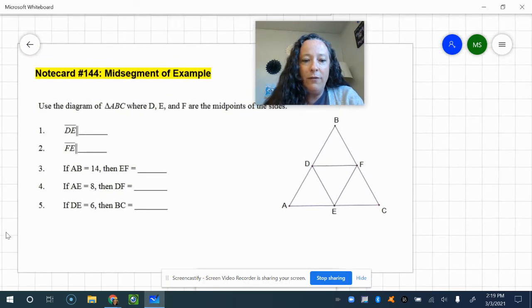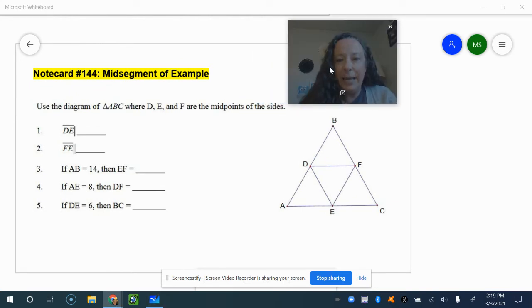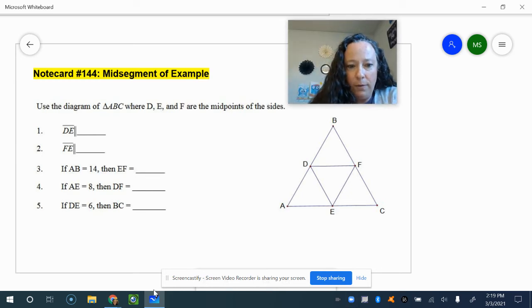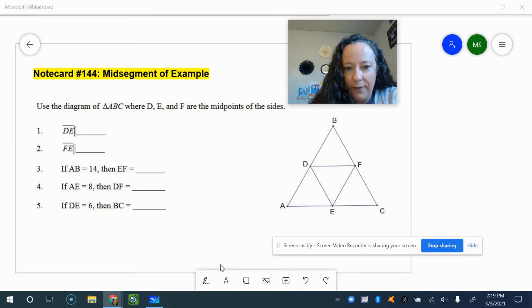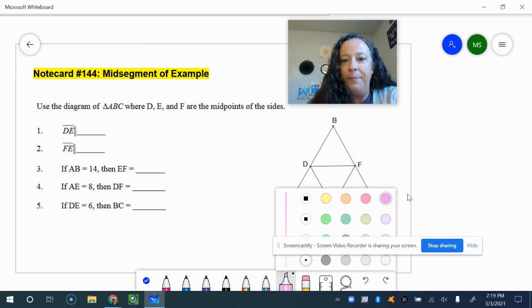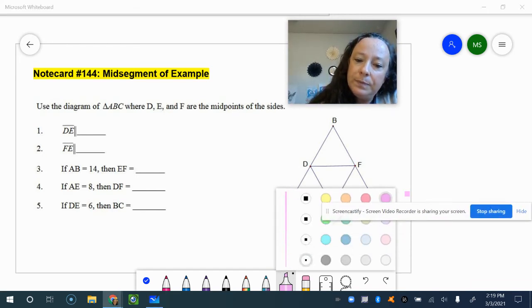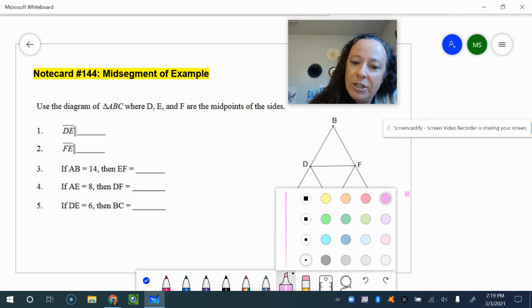All right, note card 144, we're going to be looking at an example. An easy example, but an example at that. We need to answer these questions.